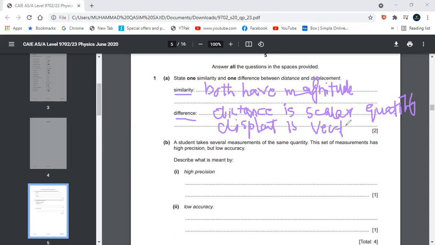So these are the two basic differences between distance and displacement.